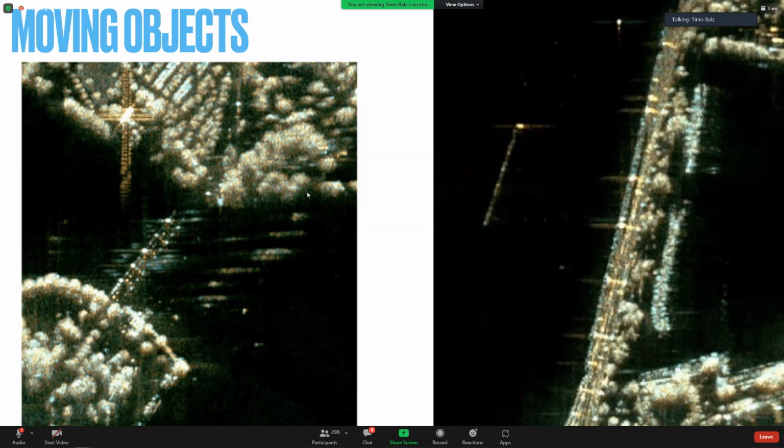So if you remember, when we take our SAR image, we are taking several images along the path that we combine. Or if we explain it with the Doppler effect, we identify along the path: we are moving towards the object, now we are next to the object, now we're moving away from the object, using the Doppler effect.